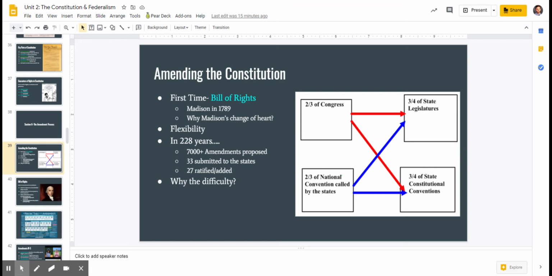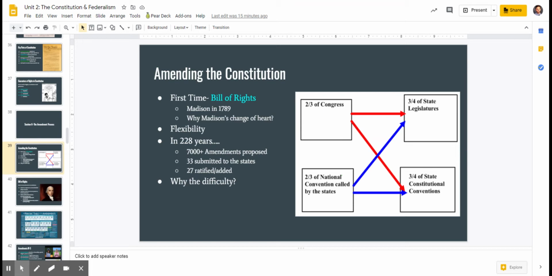So both the House and the Senate together, both 2/3 of Congress and 3/4 of the states must agree or pass the constitutional amendment. It's called passing a constitutional amendment when it's going through Congress, and it's called ratification, or basically the confirmation of the states, that solidifies or ingrains it directly into the Constitution.